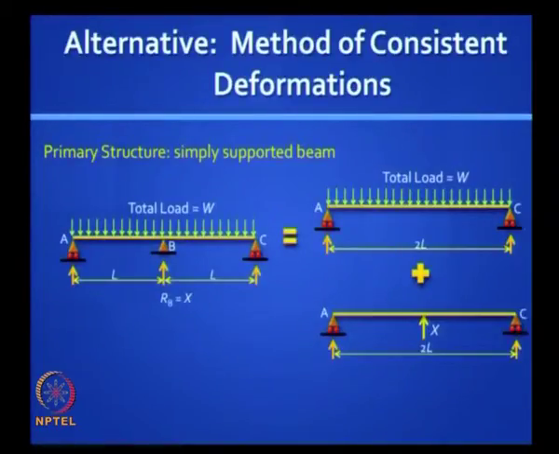By removing that support altogether, and so we do a superposition of that primary structure, which is a simply supported beam loaded with the external loading, in this case the UDL, plus the unknown redundant, now shown as a separate load case. So we treat X as a load but an unknown load, and our job is to find X. How do we do that?